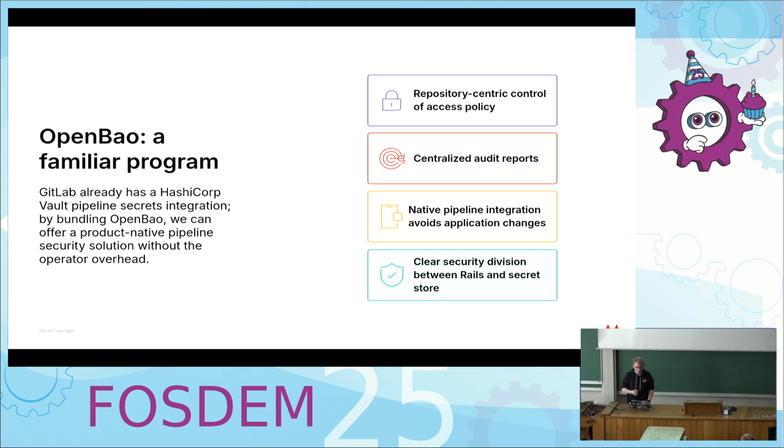OpenBao is a great choice for GitLab because we already support HashiCorp Vault. For premium and ultimate tier customers, the pipeline runner supports native integration to fetch the secrets automatically and inject them into the environment of the runner in the CI job. And they have a little nicer syntax around that versus manual CLI calls to Vault.